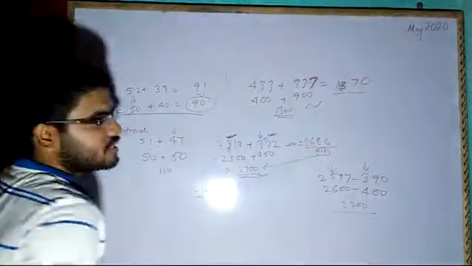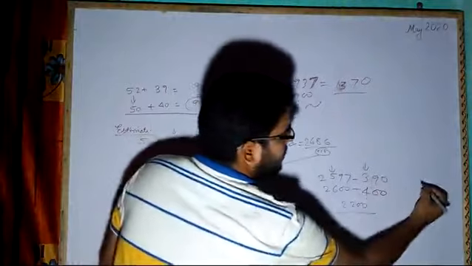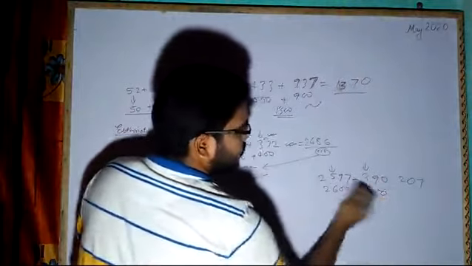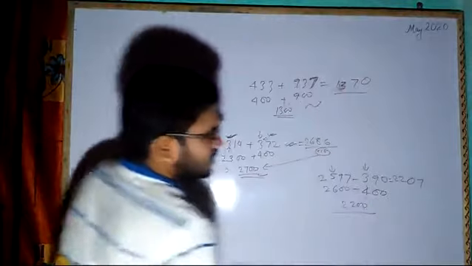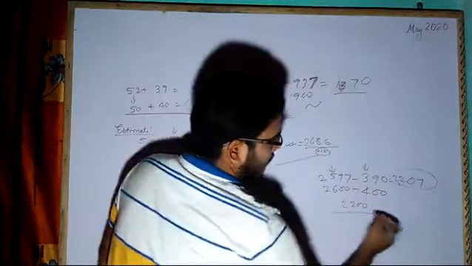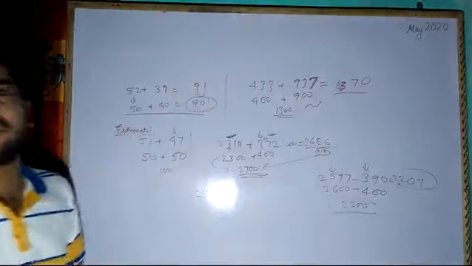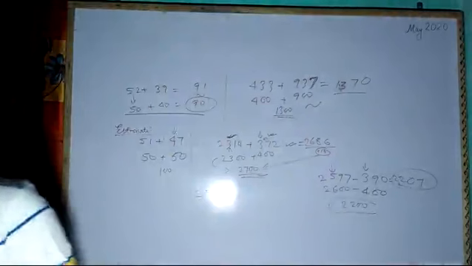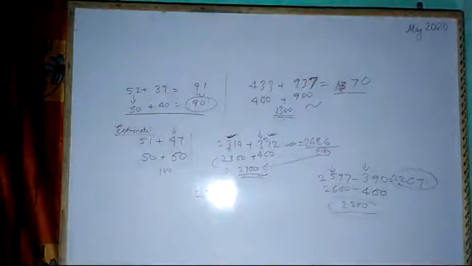Don't you think it is very easy? If you subtract exactly, 7 minus 0 is 7, 9 minus 9 is 0, 5 minus 3 is 2, 2 again here. So this answer is 2207, and here we are getting 2200. That means only 7 is the difference, which is negligible as compared to 1000. That is why we will be rounding off these numbers in this manner.